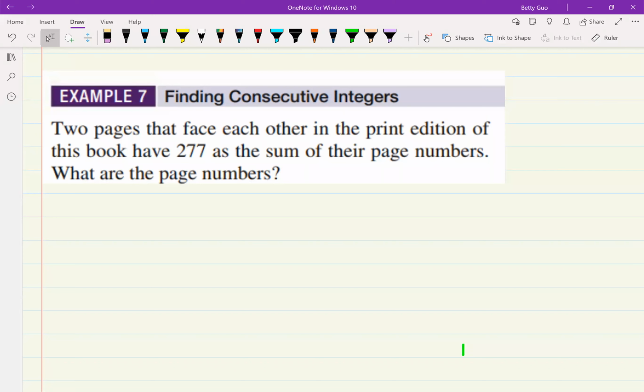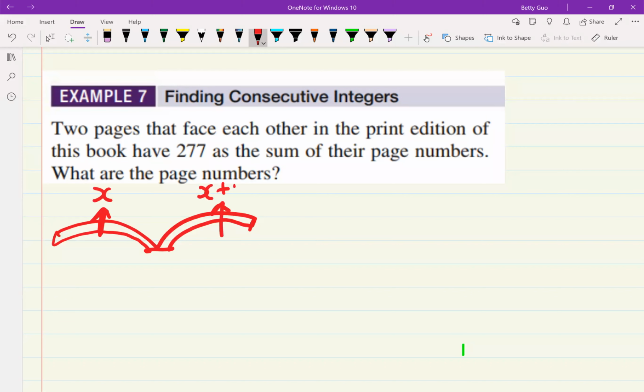Okay, so let's say this is a book. If this is page 1, what's this page? Page 2. Does that make sense? Because they are consecutive, right? Consecutive. So this page and this page, they are 2 consecutive pages, right? So if this page is X, then the other page would be X plus 1.